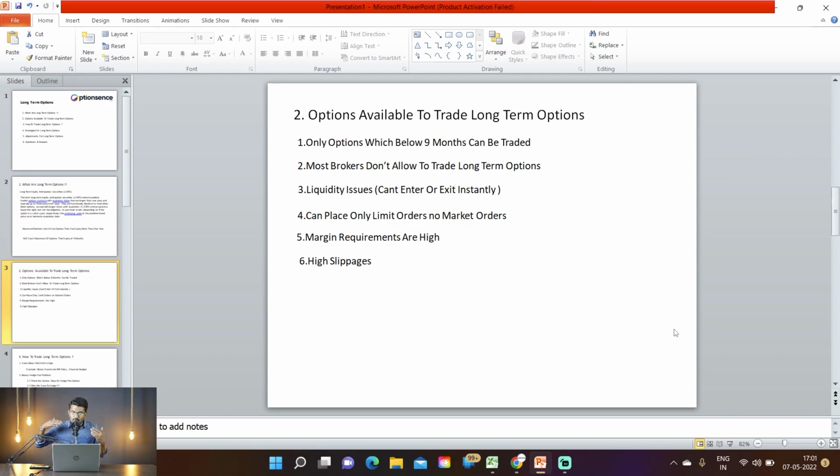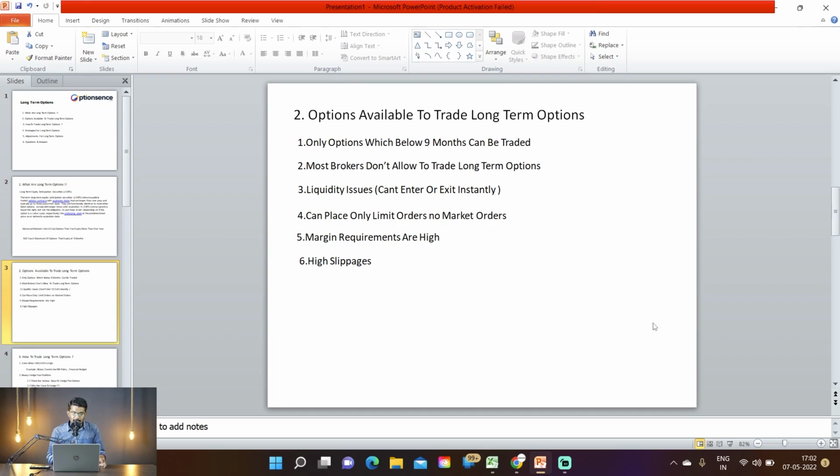So when it comes to margin management in long term options, the span margin and exposure margin your broker collects from you is going to be on the higher side. But at the same time, the premium you are collecting is also going to be on the higher side. So ultimately, when you see your contract note, your margins are going to be slightly lesser than doing a weekly or monthly option.